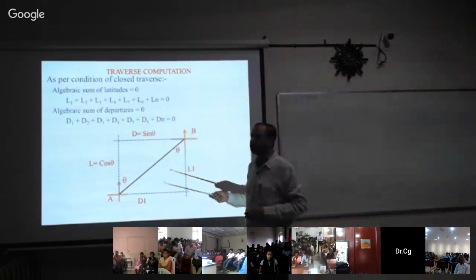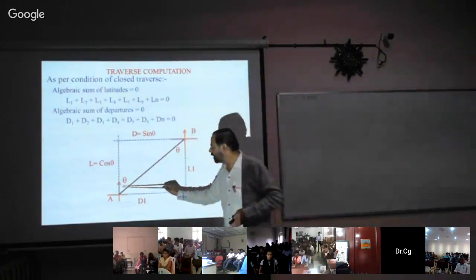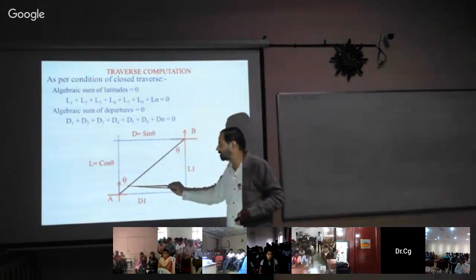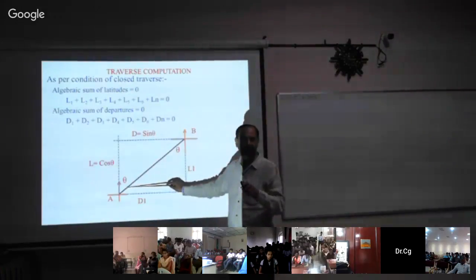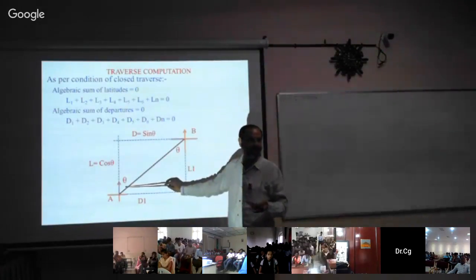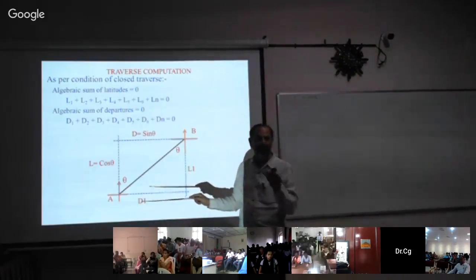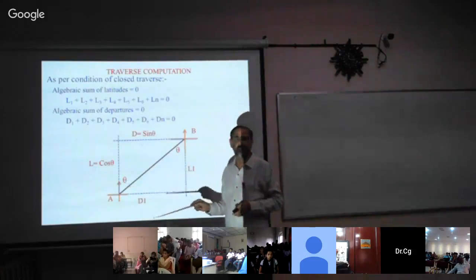Now suppose you are saying in the quadrant system, the bearing of AB is from here to here. The quadrant system bearing and the forebearing of AB, the whole circle bearing and quadrant bearing of AB, are both the same here.